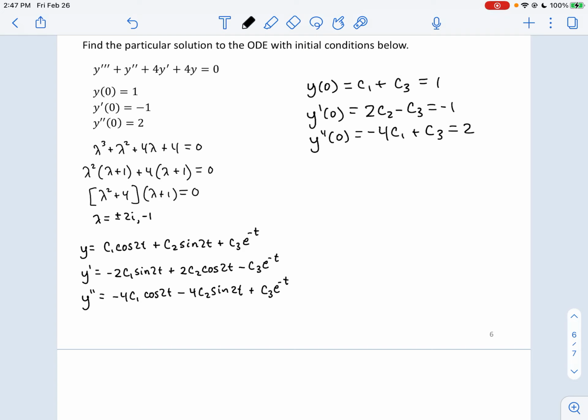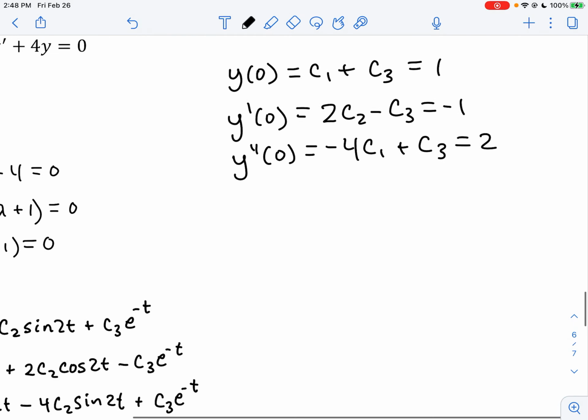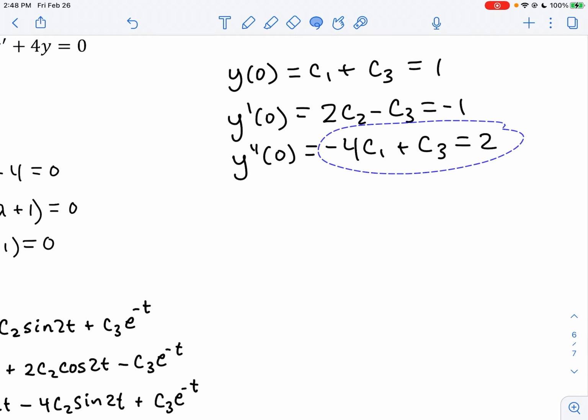Now we have a system of 3 equations and 3 unknowns, c1, c2, c3. You can use whatever methods you want to solve this system. You can use matrices. You can plug the system into a calculator if you're allowed to use technology. Or you can do some substitution elimination strategies, and that's what I'm going to do, in fact. I noticed that the first equation and the last equation both involve only c1, c3.